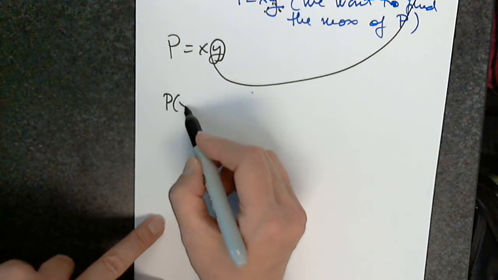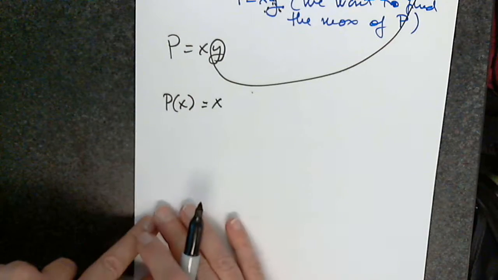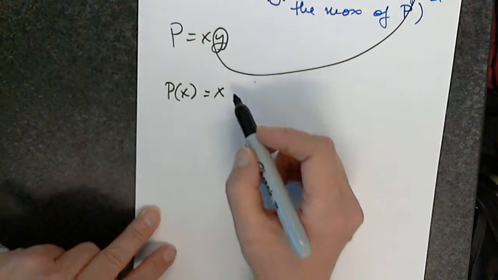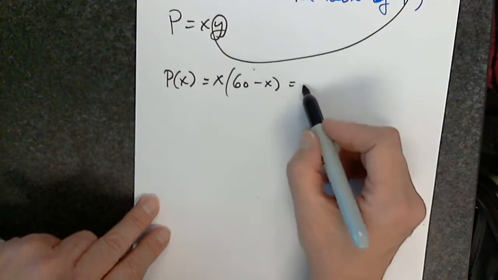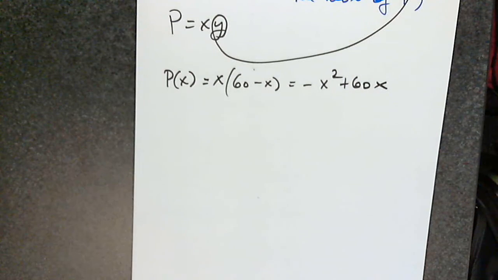So therefore, p is a function of x now. Because it's what? x times. Very good. And I will distribute and arrange it in descending order. And now, yes, now I have a quadratic function.